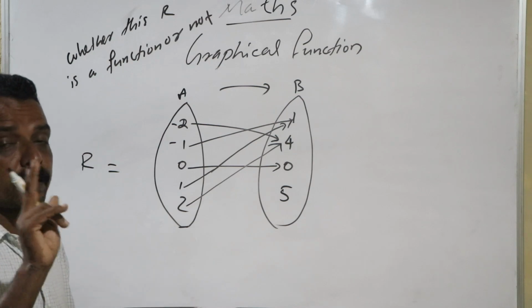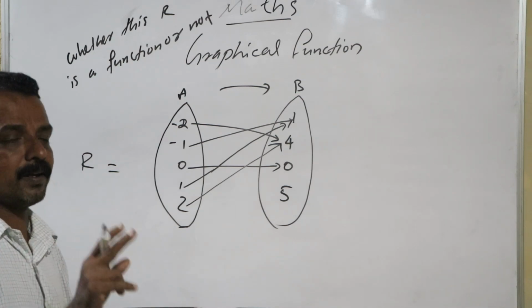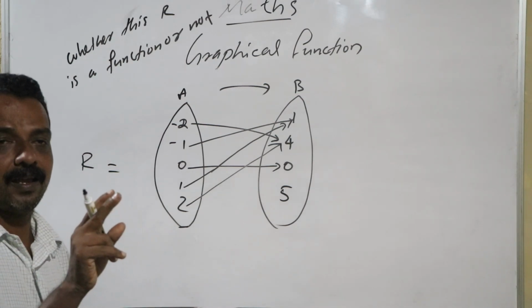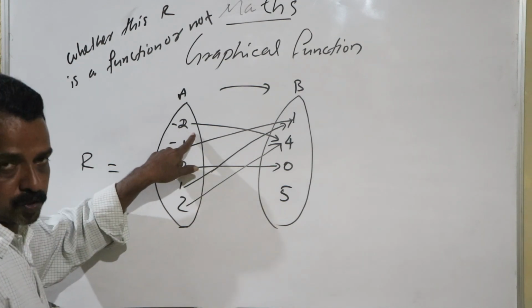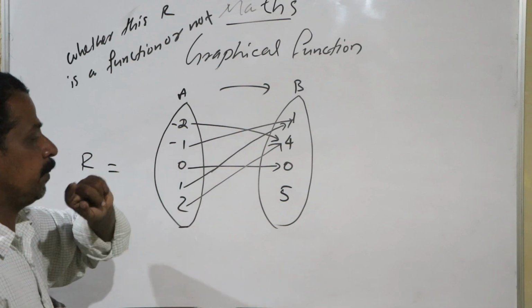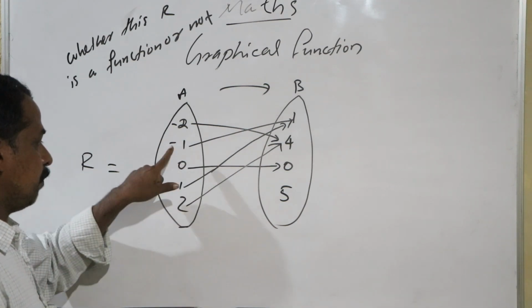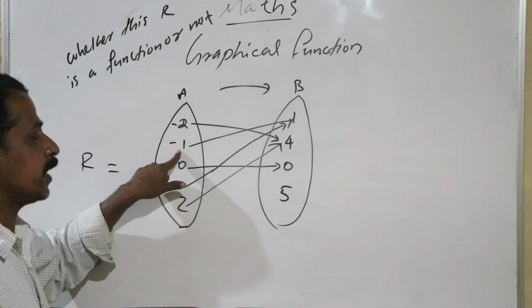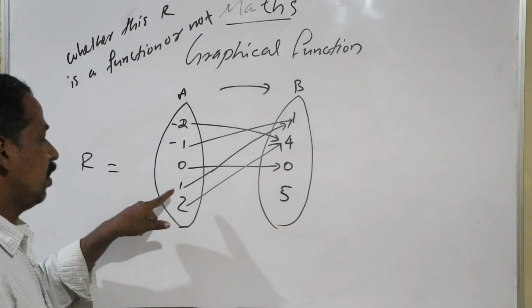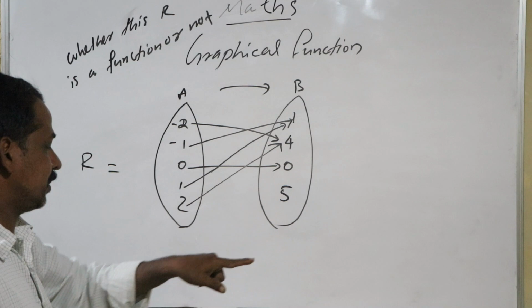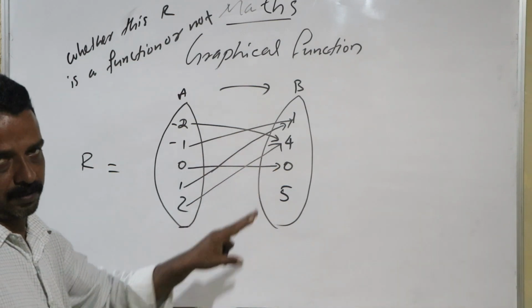Here there are no two arrows from an element. Here is -2, its image is 4. The image of -1 is 1. 0 has 0. 1 has also 1. 2 has 4.